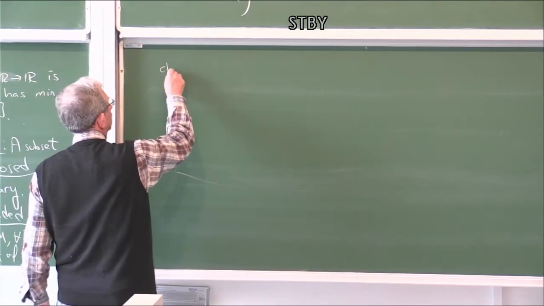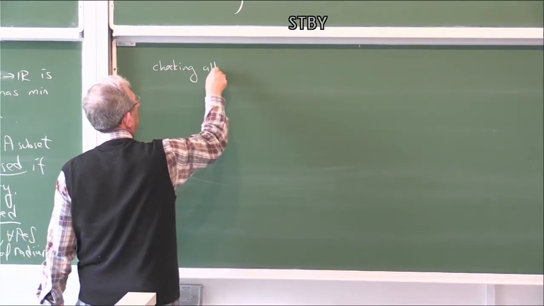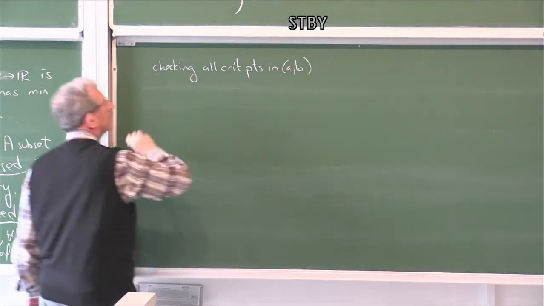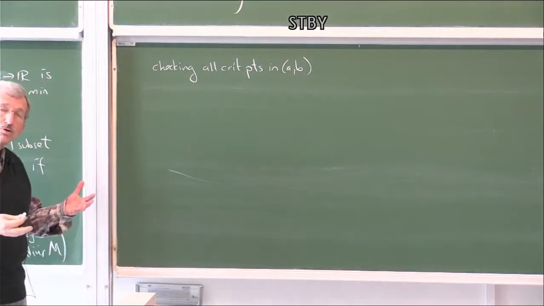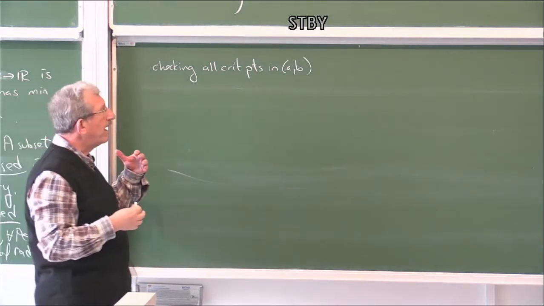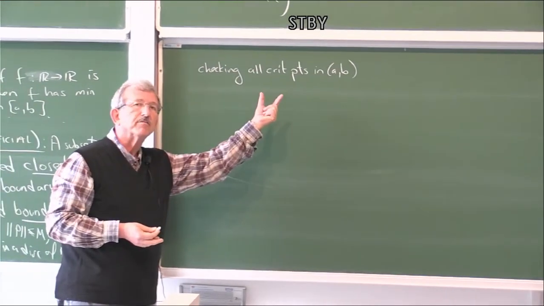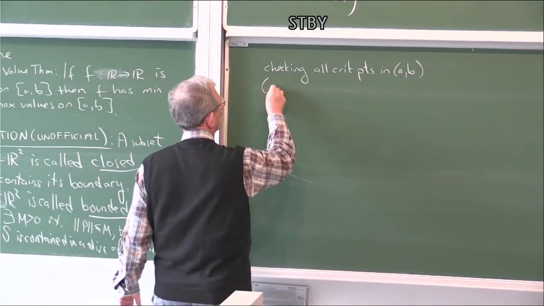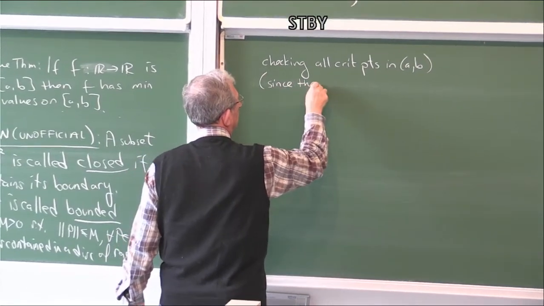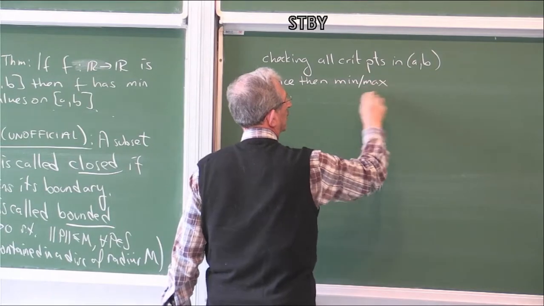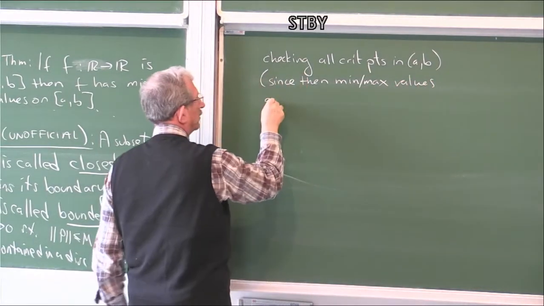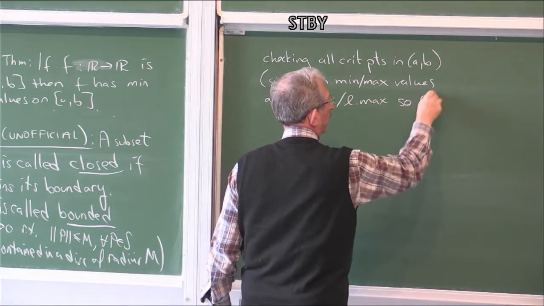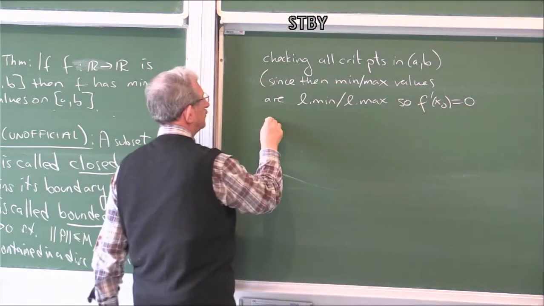So, by checking all critical points in (a, b), well, this meant, of course, because there is a derivative, that if we have a minimum or maximum inside the interval, not the endpoints, then it should be a local minimum or maximum, so f prime of x0 would be 0 at such points.